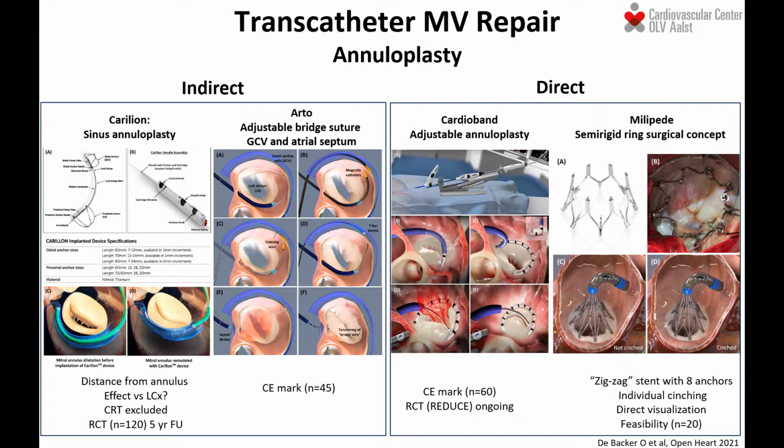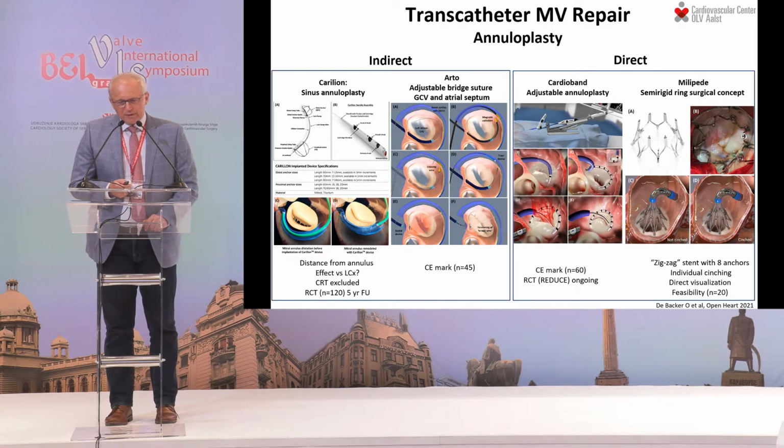What is interesting is that, using the technology of Boston Scientific, it allows direct visualization. So basically you are seeing what you are doing. There is a feasibility study that was published, and I think, as far as I understand, there is a new study in planning to address the clinical relevance of this new approach.